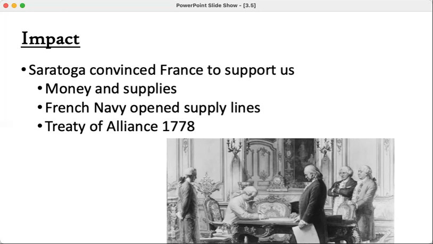In fact, Louis XVI is an absolutist monarch. He is completely against the government system that the Americans will develop, right? He has no desire to follow the general will.